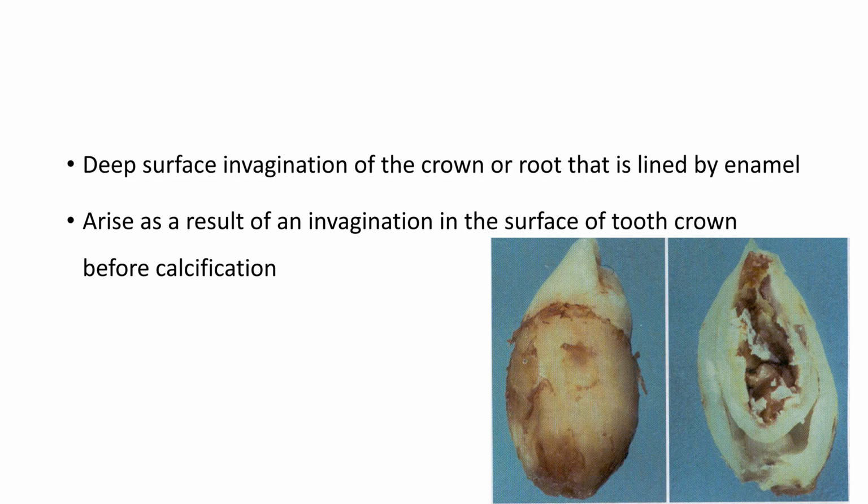It is a developmental variation which is thought to arise as a result of an invagination in the surface of the tooth crown before calcification has occurred. This is a gross picture of dens invaginatus, the dilated invagination with apical accumulation of dystrophic enamel.